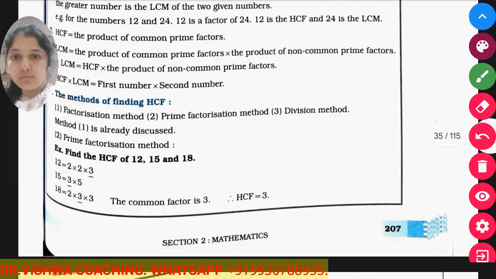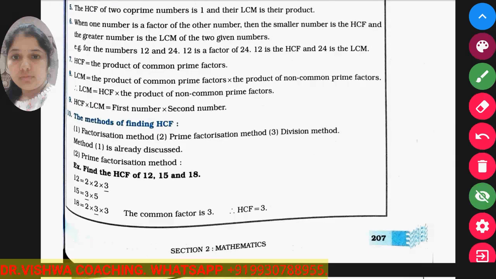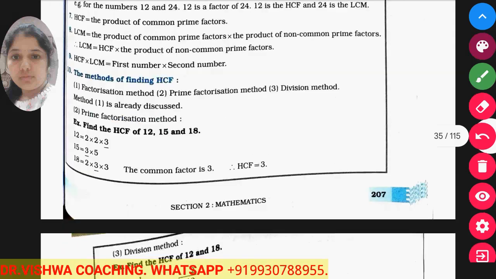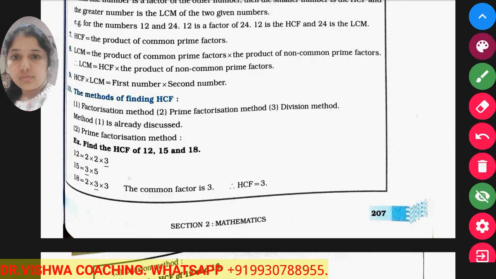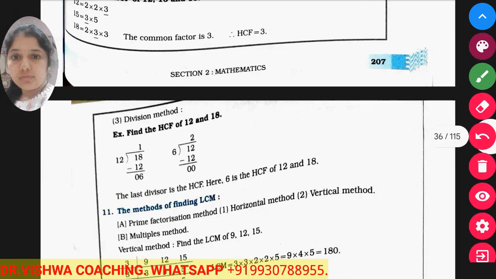So there are many methods to find the HCF. Factorization method is there, prime factorization method is there, and division method is there. So prime factorization method means what? Here 12, 15, 18 are the numbers, and we write their factors and the common factor that we identify will be the HCF. And in the division method we divide the bigger number by the smaller number, for example if the two numbers are 12 and 18.